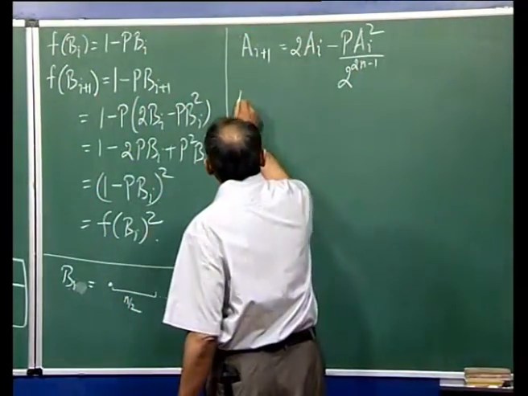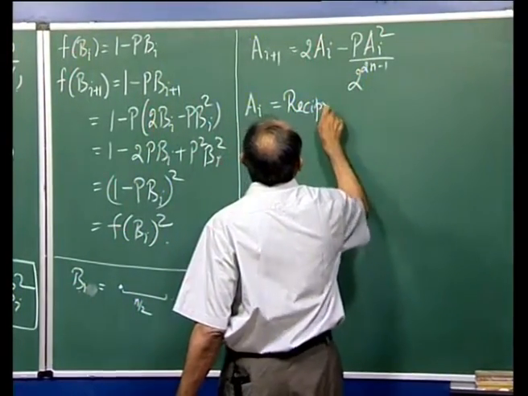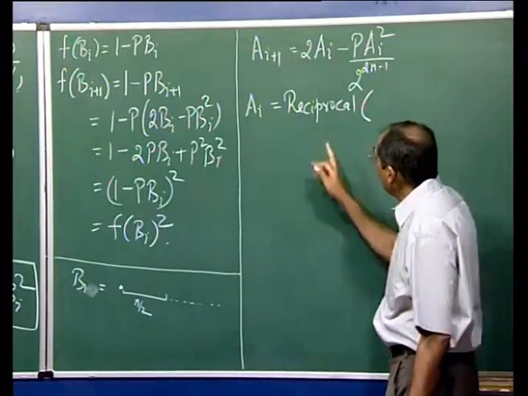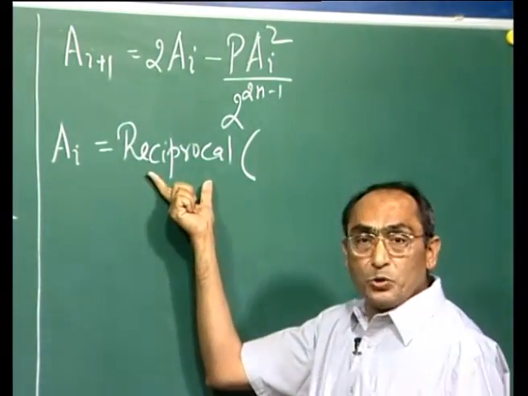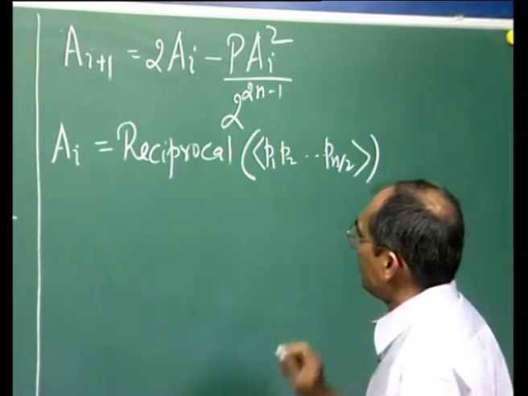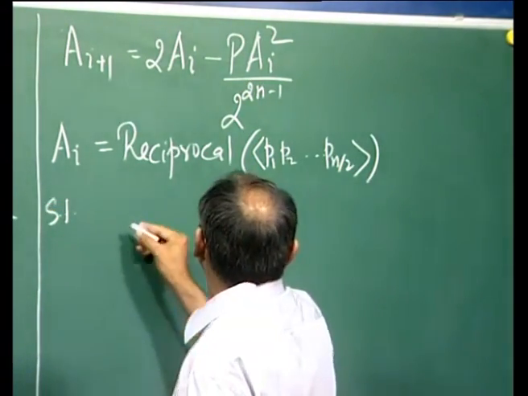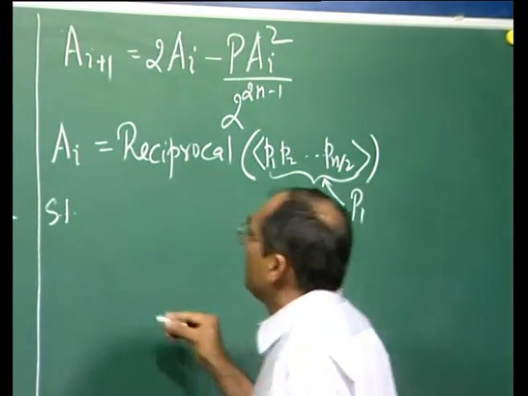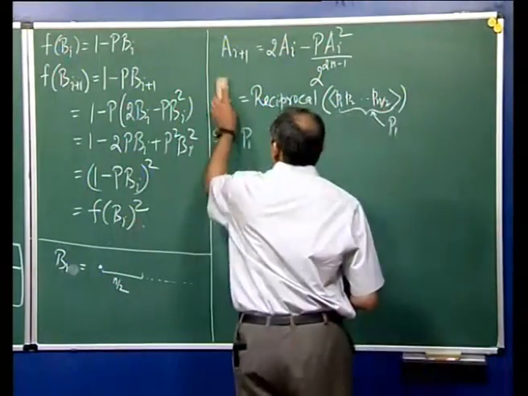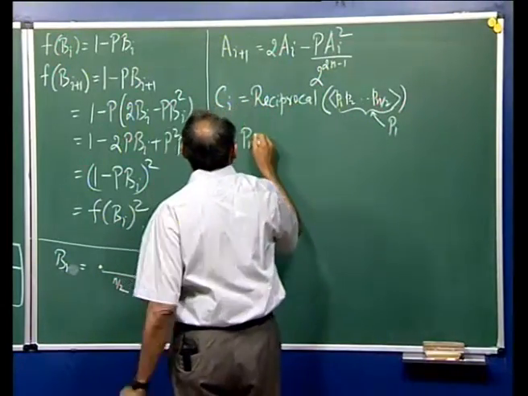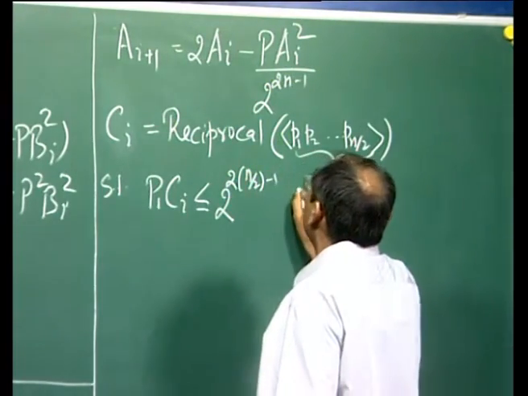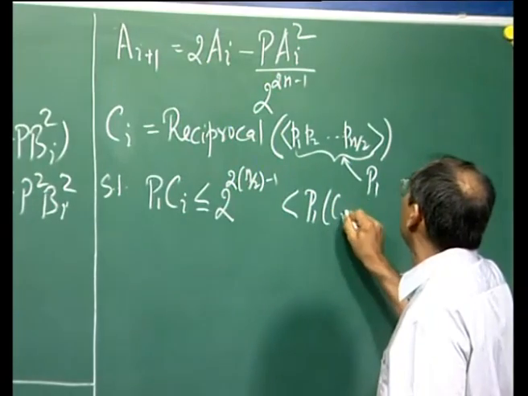So, let us say we have a I as reciprocal of, now reciprocal is the procedure which we will write, and that will compute the n by 2 bit reciprocal of the n by 2 bit input p1, p2, up to p n by 2, such that, let us first label this as some other number c I. So, we want p1 c I to be less than or equal to 2 to the power 2 n by 2 minus 1 and less than p1 c I minus 1.